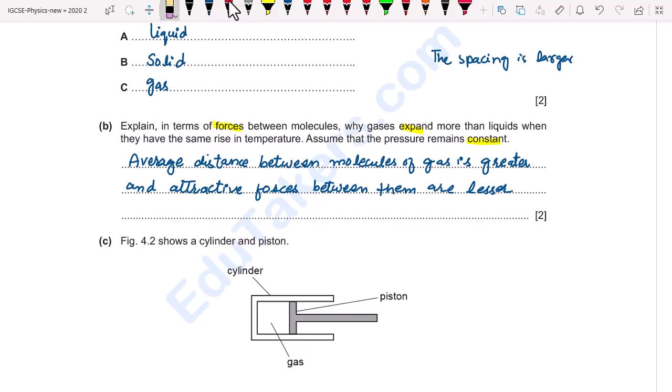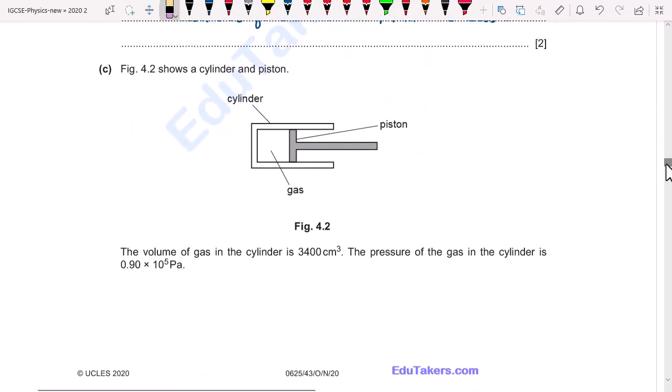Part C. Here is the figure 4.2 and figure 4.2 shows the cylinder and piston. The volume of gas in the cylinder is 3400 cubic centimeter. The pressure of gas in the cylinder is 0.90 into 10 to the power 5 Pascal.